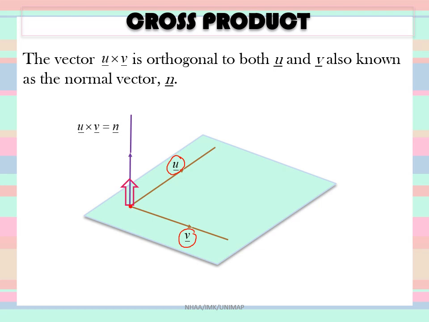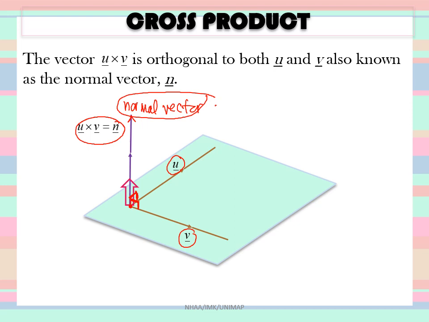It will create a new vector pointing upward. Okay, and this vector is called the normal vector. And this vector creates 90 degrees from both vectors. It is 90 degrees to vector u and 90 degrees to vector v. Okay, so that is the normal vector.